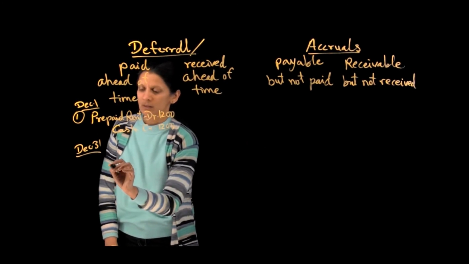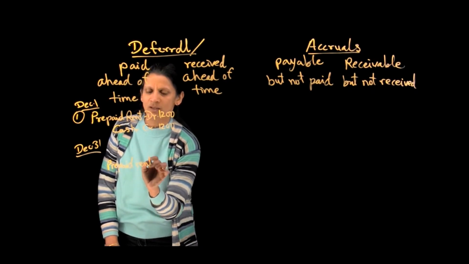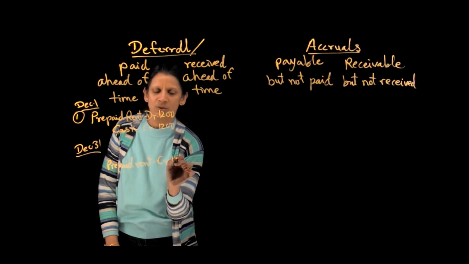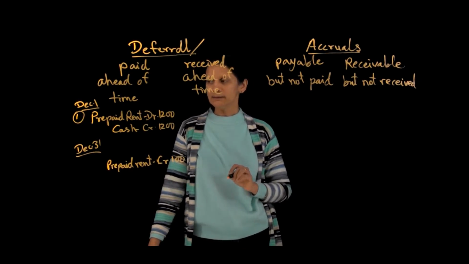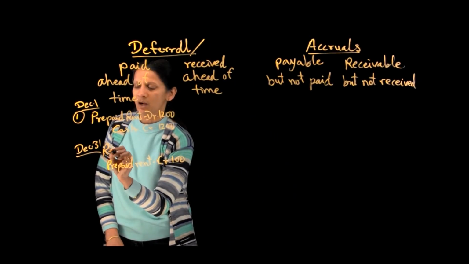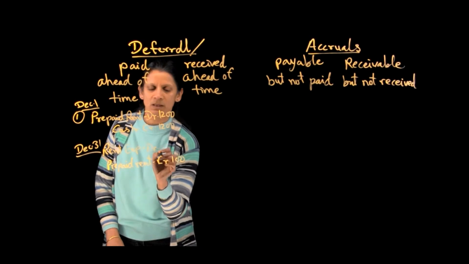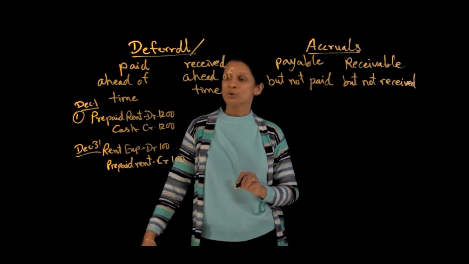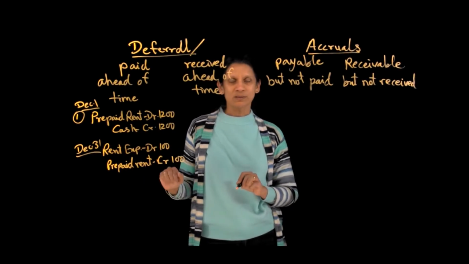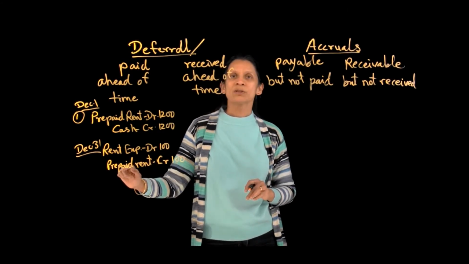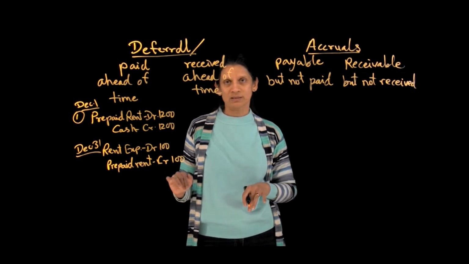So now you will credit the same asset account and reduce its value from $1,200 to $1,100 by crediting $100. And then you will be expensing out the amount of rent. So you will debit the rent expense account with $100. In this way, you are touching one of the income statement accounts, rent expense, and increasing your expenses, and you are touching one of the balance sheet accounts, prepaid rent, and you are reducing the value of your asset.